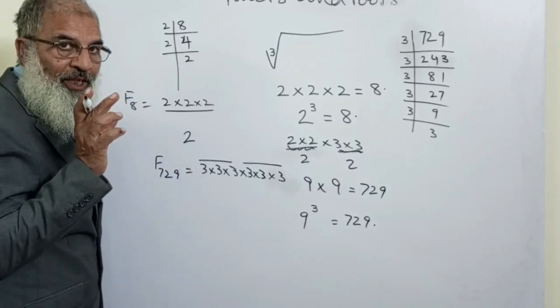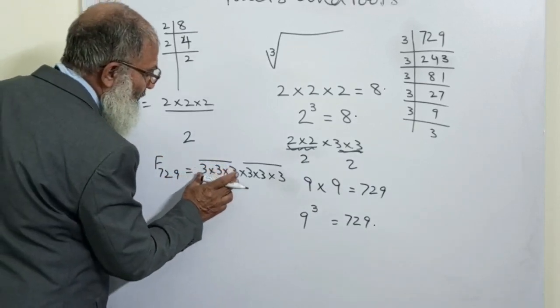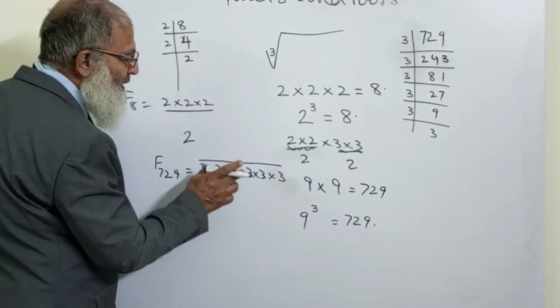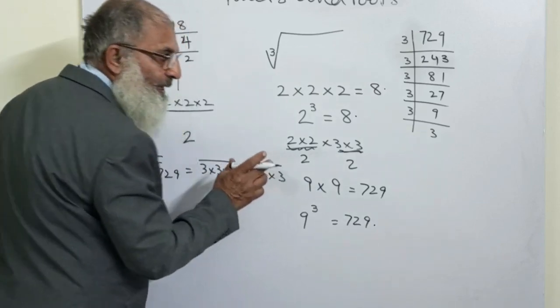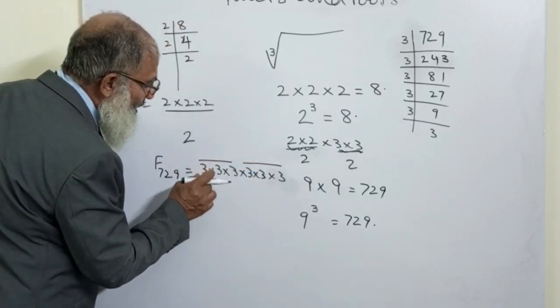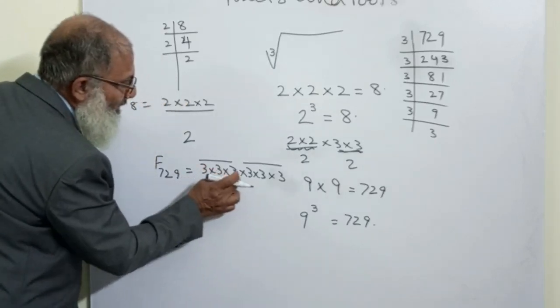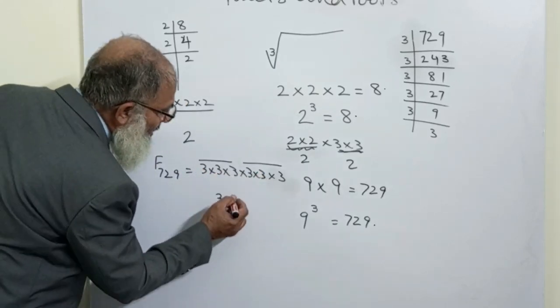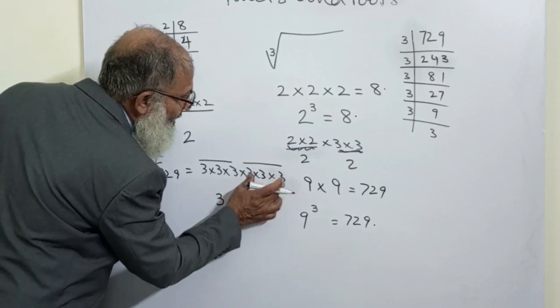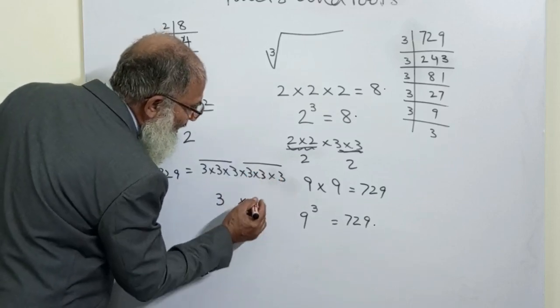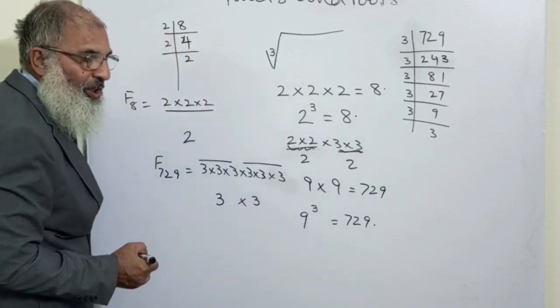That means you are going to make pairs of all the numbers which are identical, and you have to pick only one out of them. Now these are three identical numbers and you pick one out of them, and this is again three identical numbers and we pick only one out of them.